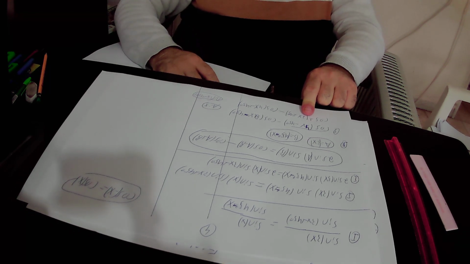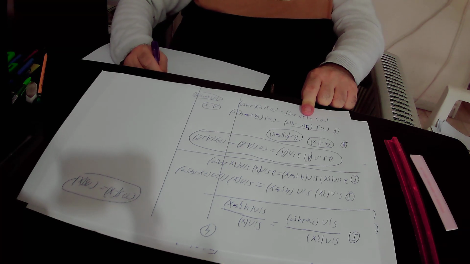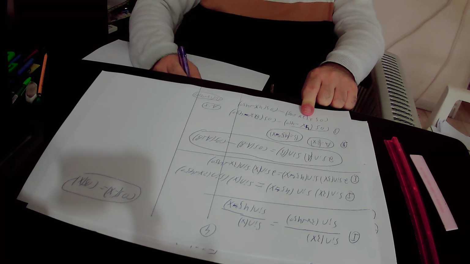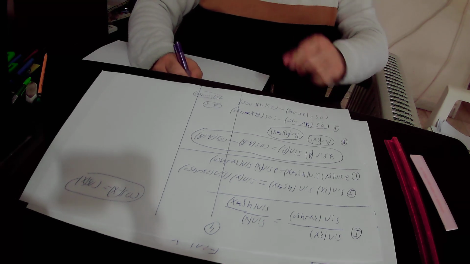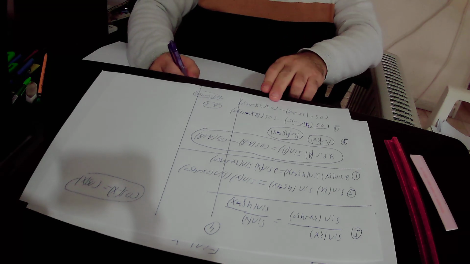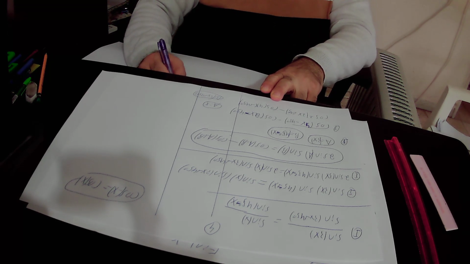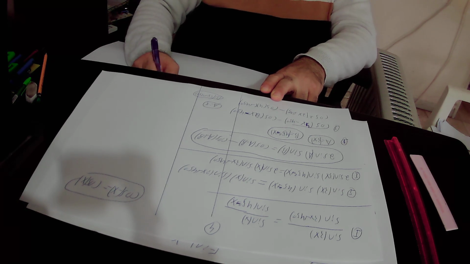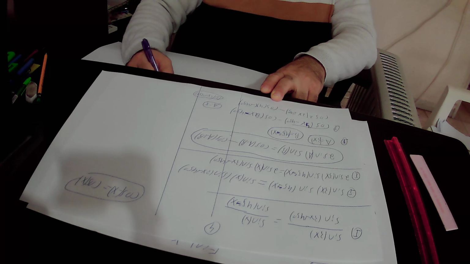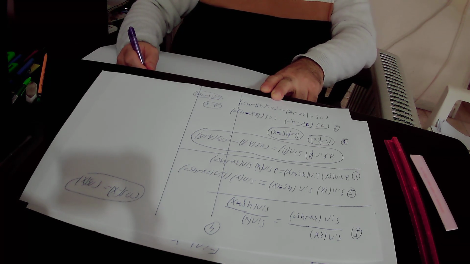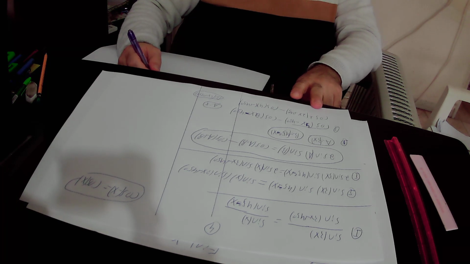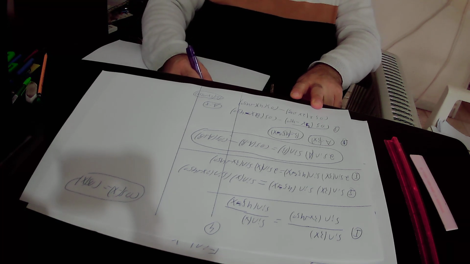So what we have here, we have cosine 4x minus 45 degrees, we will add to this equation number 1, cosine 4x plus 45 degrees, and cosine 2x plus 45 degrees plus cosine 2x plus 45 degrees equals to 2 times cosine 2x plus 45 degrees.